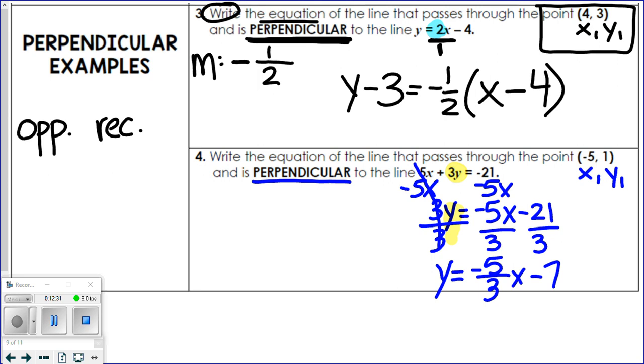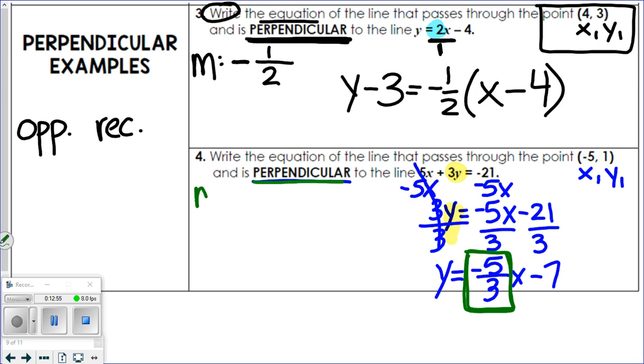We're not done with the question yet, though. The only reason I'm looking at this y equals negative 5 over 3 x minus 7 is because I need the slope. So the slope is the m in front of the x, which is negative 5/3. Well, I want my slope perpendicular to that.